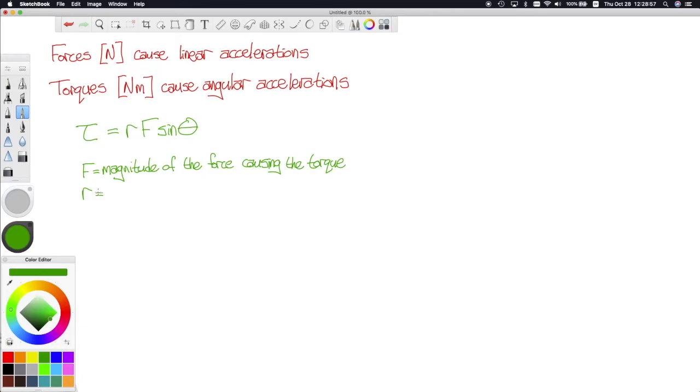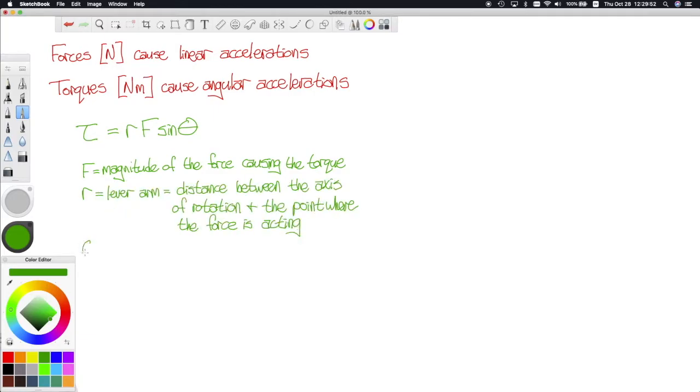It is the distance between the axis of rotation and the location where the force is acting. Last but not least is theta, and you know from our discussions on work that I love to make sure you really understand what the theta in each of these equations means. So in this case, theta is the angle between the force and the lever arm.